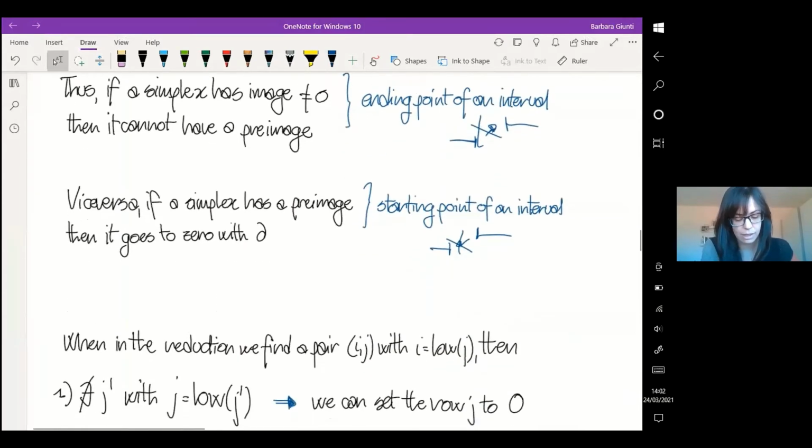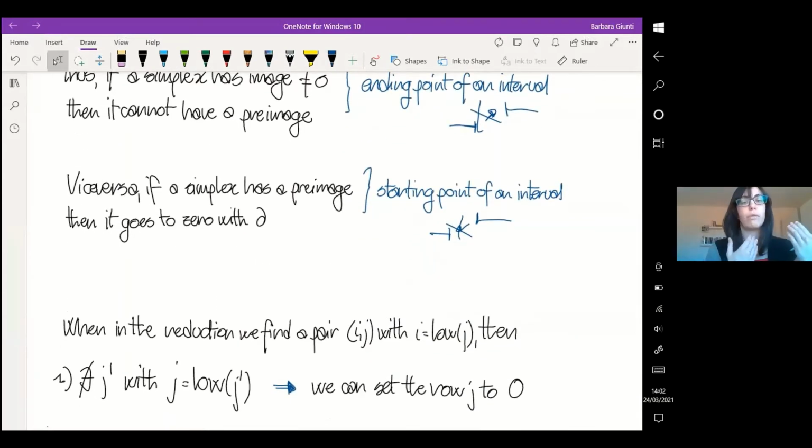So what it means for us is that every time I find a pairing, so I find a row I which is the pivot of a column J, then I know that there does not exist another column J' such that I is the lowest element in that column. So we can put the row J to 0, and this is what we call the compress.